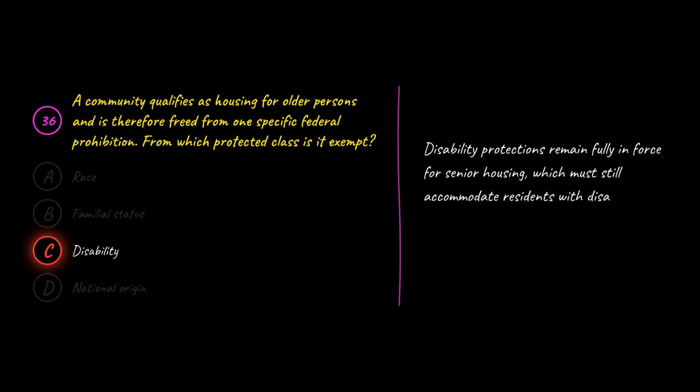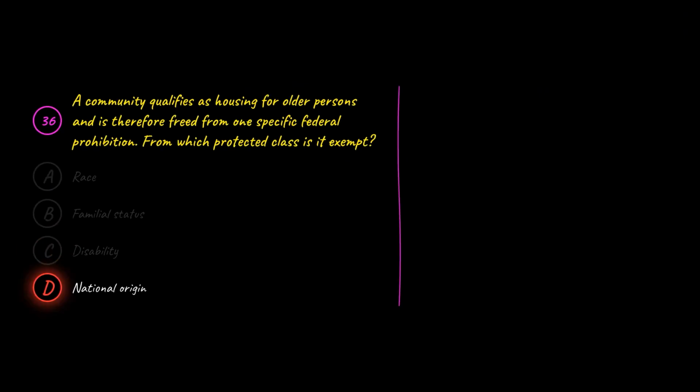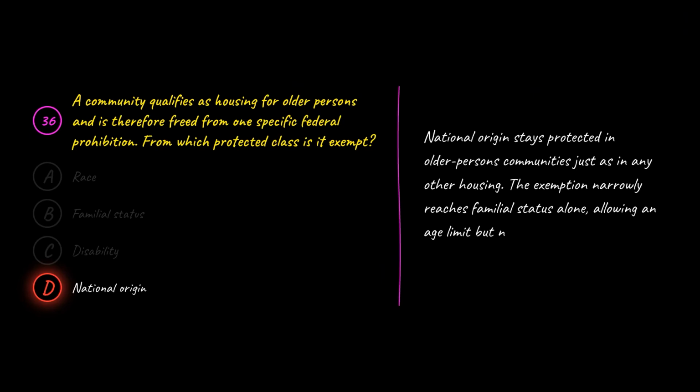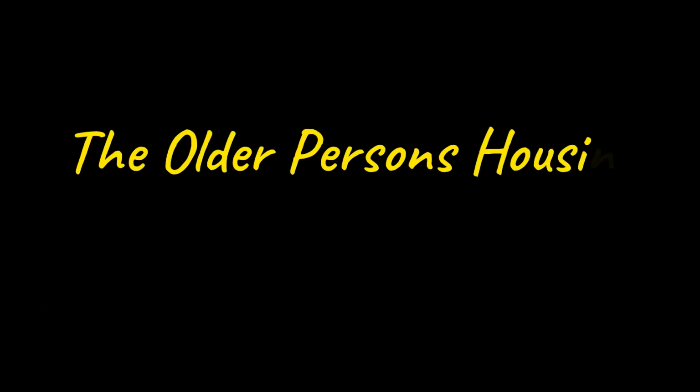The older person's exemption is limited to familial status and does not reach the disability class. D is wrong because national origin stays protected in older persons' communities, just as in any other housing. The exemption narrowly reaches familial status alone, allowing an age limit but no other form of discrimination.